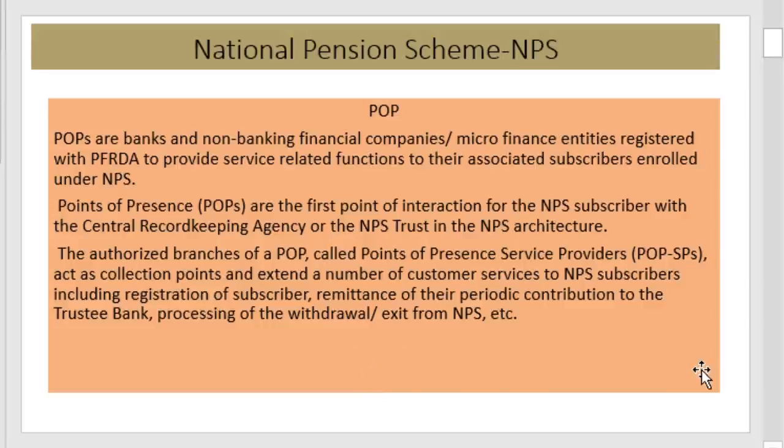These Points of Presence are banks or non-banking companies or microfinance entities registered with PFRDA. The two terms used are POP, the Point of Presence, and POP-SP, the Point of Presence Service Provider.